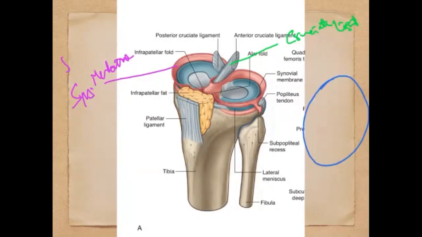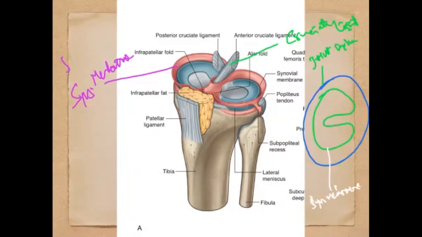This is joint capsule. Okay, pretend that this is a joint capsule, and the green one is joint capsule and the green one is synovial membrane, right? Here are cruciate ligaments.